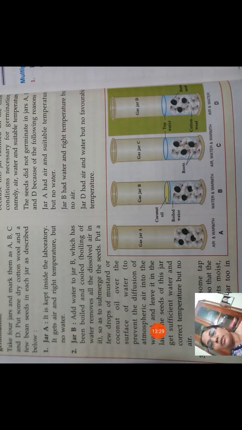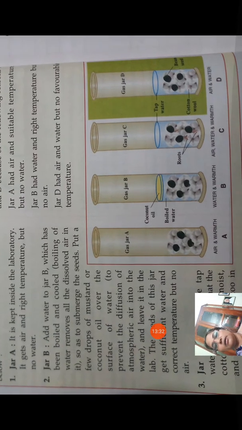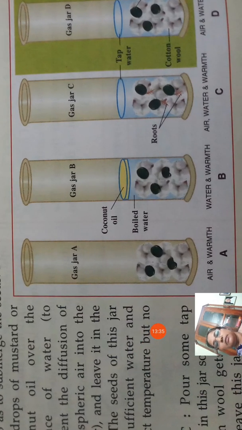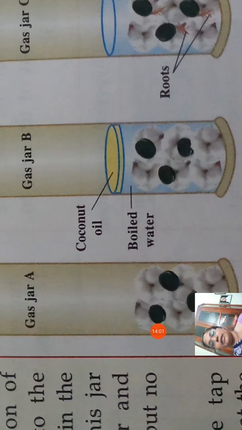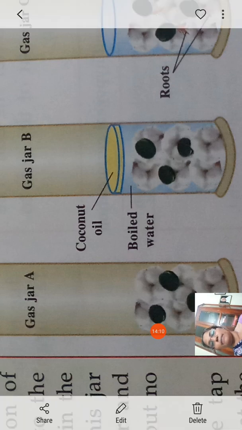But in the case of jar B, the cotton and the same conditions are used, but boiled and cooled water. The water used in jar B is boiled first and cooled. That boiling will remove all the air content in the water. Then another thing is also added there, some coconut oil above the experimental setup, so that the atmospheric air cannot enter into the water.